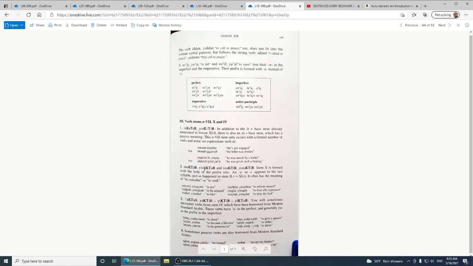Yes, and then of course it goes over to the other stems, 7, 10, and 4. But in Kholoud's example, these are quite rare verb forms, so they are not used.